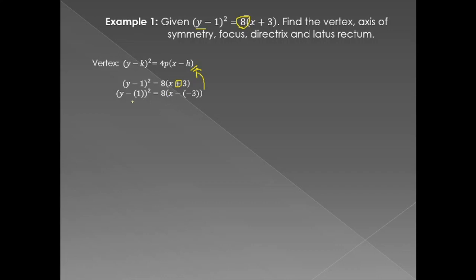Ang kukunin natin dito ay h and k. For our h, we have negative 3 and for k, we have positive 1. So, ang vertex natin is (negative 3, 1). Huwag kakalimutan, ang laging kapartner ng x ay h at ang y naman ay k.